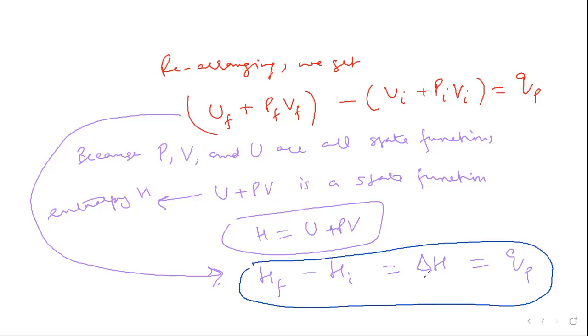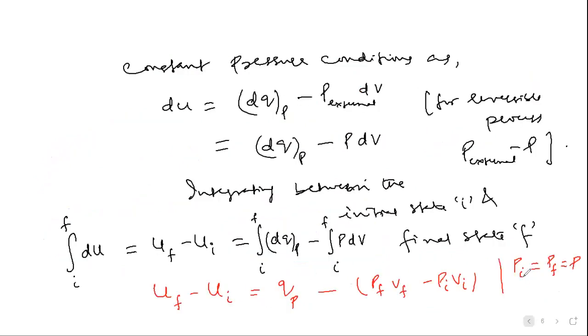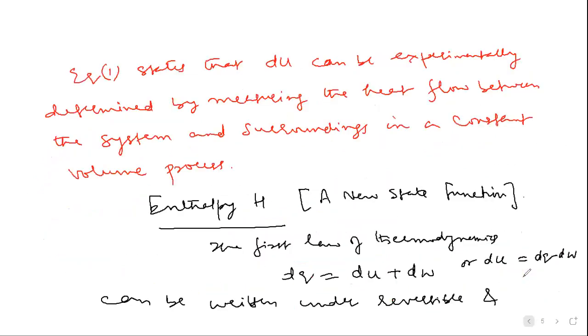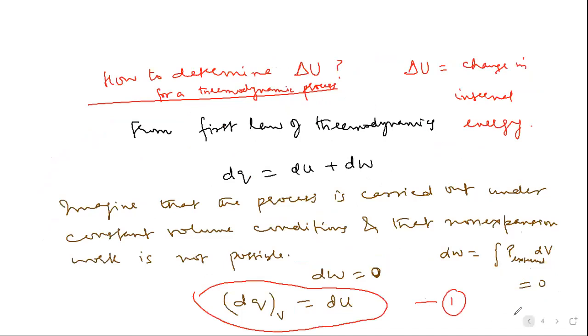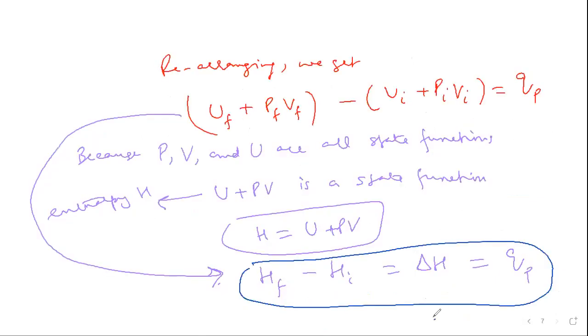Enthalpy in the final state. HI is enthalpy in the initial state. So delta H is the change in enthalpy. So this equation is telling us delta H equal to QP. Let me name the previous equation equation 1, and let us name this equation 2.